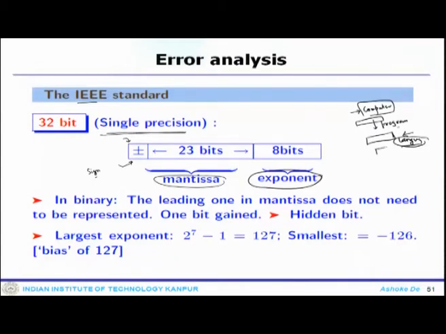Your programming language requires compilers, and compilers have some handshaking with the hardware. So, what it does, your programming language transforms your set of instructions.